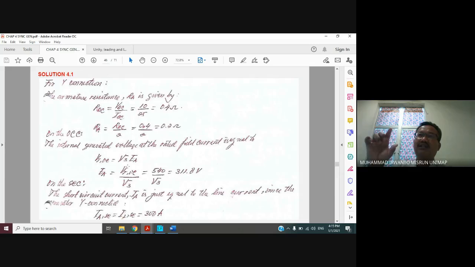Because it is the Y connection, in the open circuit condition the phase voltage is equal to the internal generated voltage, EA. So EA is equal to the terminal voltage in the open circuit condition, line to line, divided by square root of 3. So 540 divided by square root of 3 equals 311.8 volts.